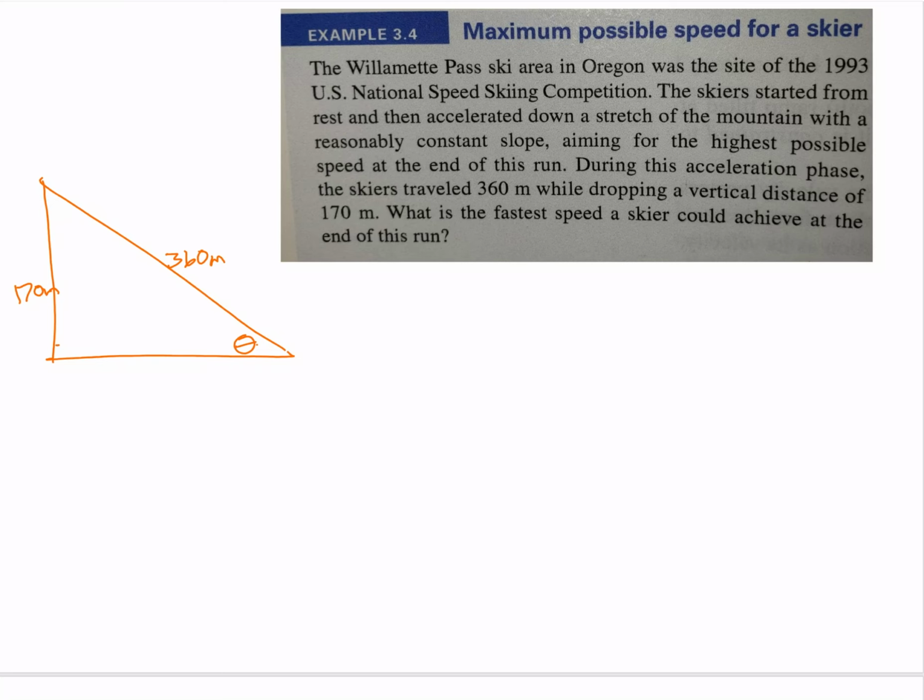This is a right triangle. So the skier would start up here. Right, we're skiing. Okay, and then we're going to ski down the slope and end up down here.